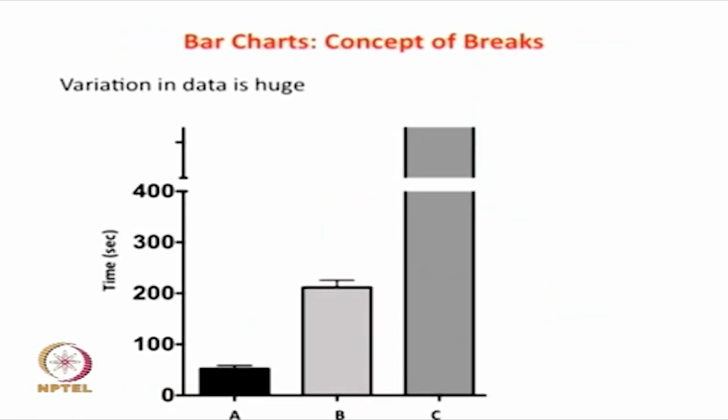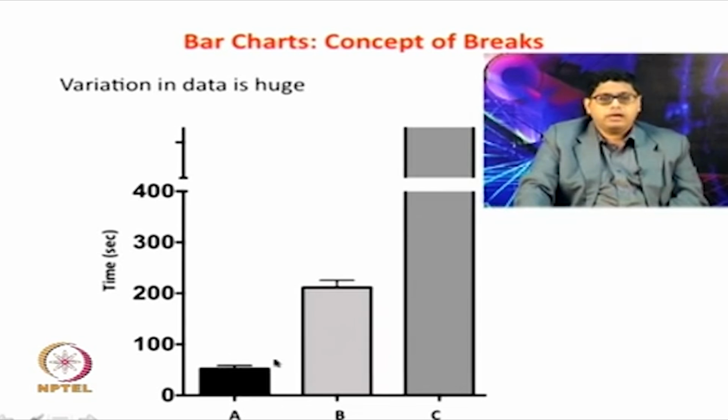So, what we do is when the variation in data is huge, as in this particular plot, you have 3 categories A, B, C, where A value is around 50 and C is maybe even 600, right. So, what you can do is introduce something called a break. Okay. So, you want to show that there is significant difference between A and B. So, whatever is the range maximum of C, till there you can have a continuous axis in y, but after that you can introduce a break, right.